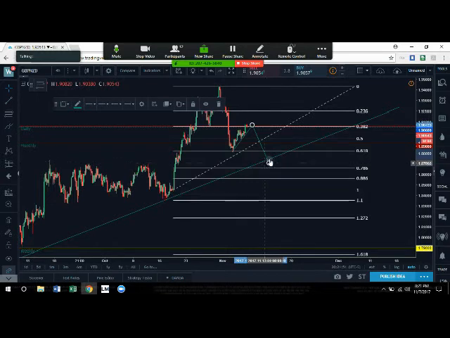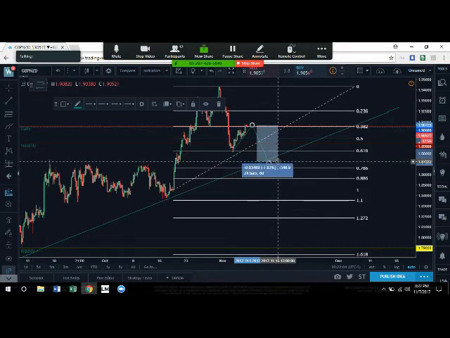Okay? Now that doesn't seem like it's a big move, but that's 300 something pips. Now that could happen in a matter of a few hours, a day or two. It just depends on the way the market moves.